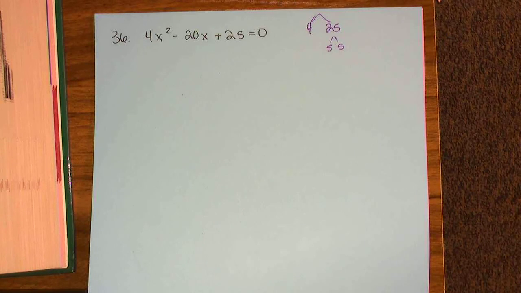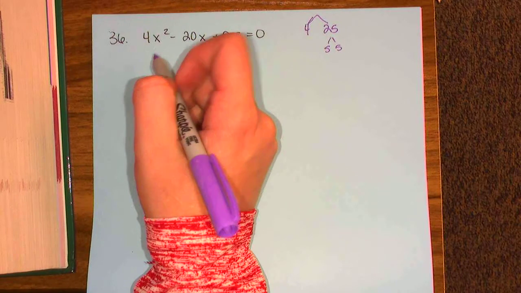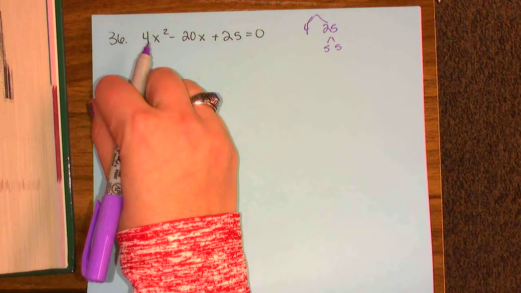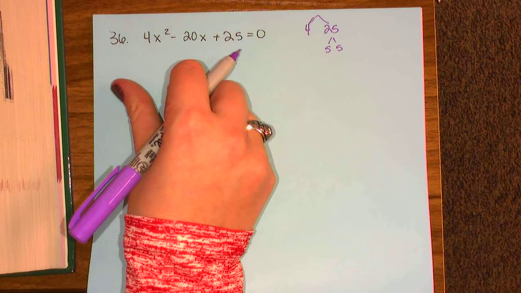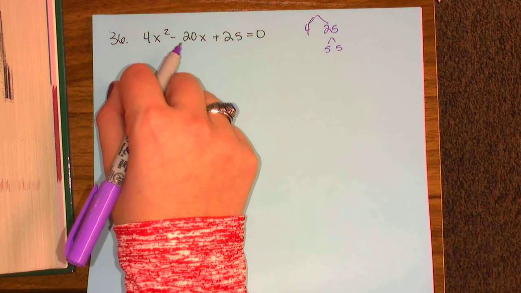Well, maybe y'all noticed. Hopefully you did, because I didn't until just now. But this is a special type. This is a perfect square trinomial.